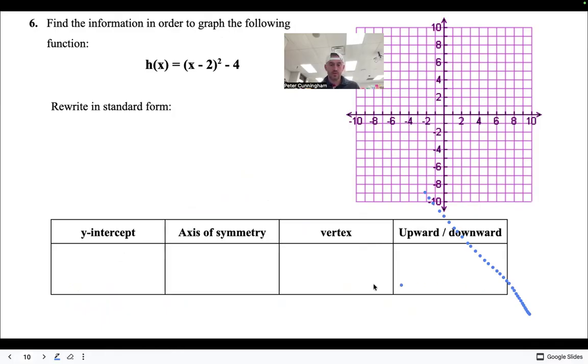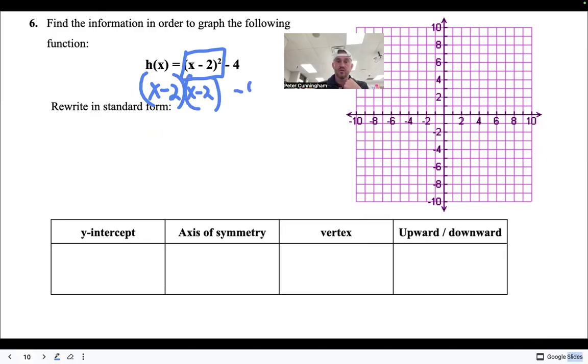Alrighty. Oh no, let's clear that little dot there. All right, rewrite in standard form. So if we're rewriting this in standard form, we need to realize that x minus 2 squared is saying x minus 2 times x minus 2. And then you have -4 from whatever you get from the box.